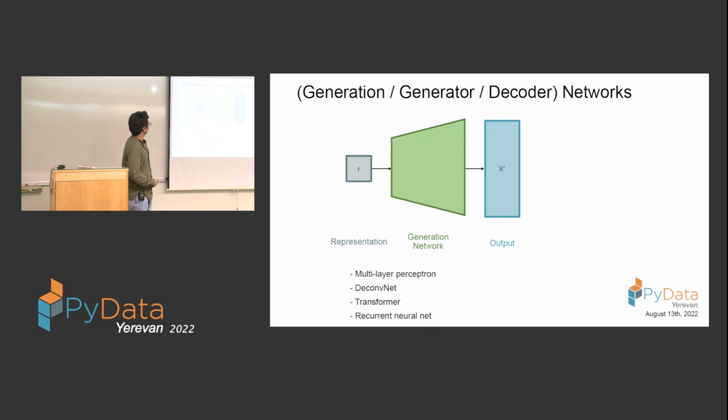There is something else that we call a generator or decoder or generation network, which gets the representation R and, feeding it to the generator network, we get the output X prime. So this generation network actually maps the representation to the real world or output X prime. And the network, again, could be a multi-layer perceptron, deconvolutional, transformer or recurrent neural network.